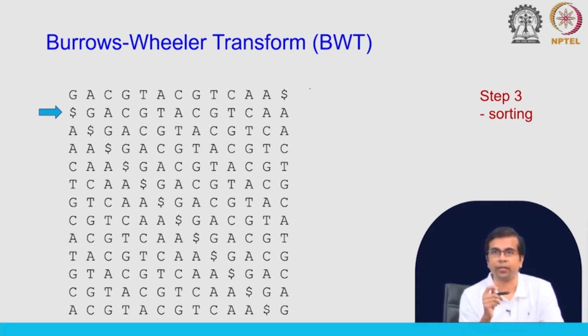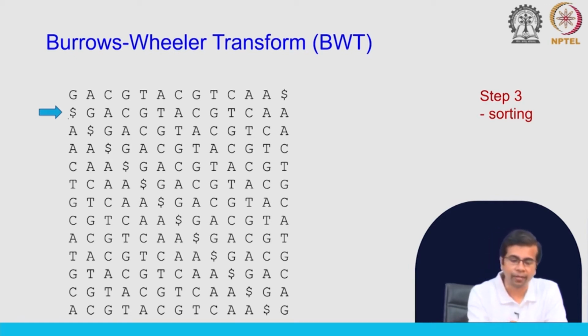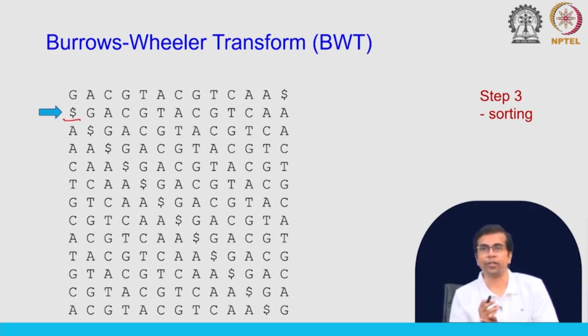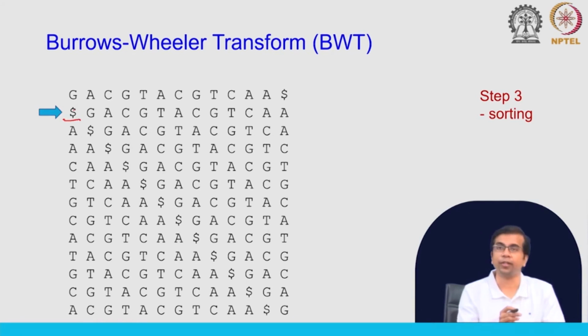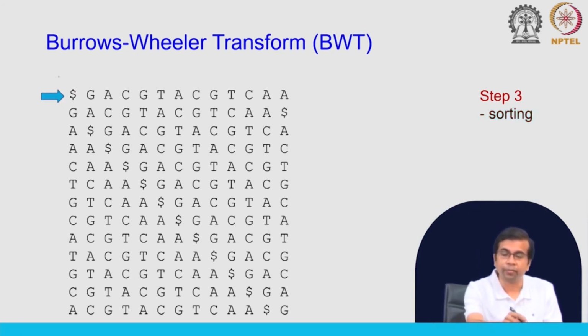Once we sort all these strings, which one would be the first string that we pick? The first one would be this one. Remember we mentioned dollar is smaller than the rest of the letters, so this will come first. So, we bring it to the first position. This is the first string.